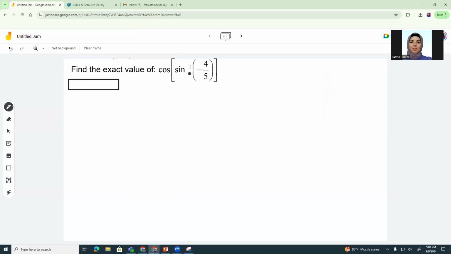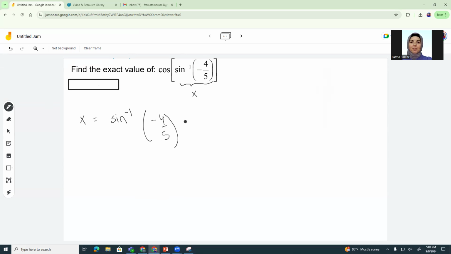So I'm looking for the exact value of cosine of inverse sine of negative 4/5. I'm just going to use the same approach. I'm going to label this whole thing as x. So according to my logic, x is equal to inverse sine of negative 4/5.